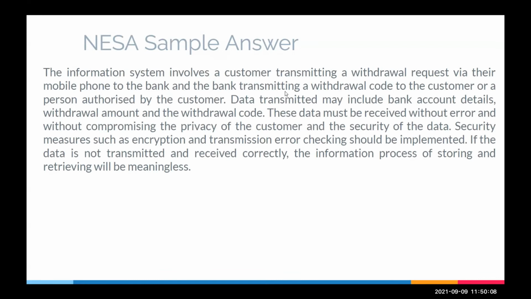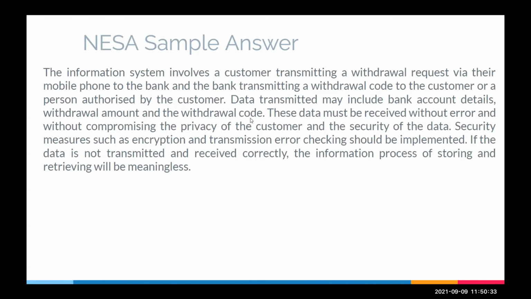So remember, you always use the correct terminology. The bank transmits a withdrawal code to the customer or a person authorized by the customer. So basically, you're rewriting the scenario using the correct terminology. Data transmitted may include bank account details, withdrawal amount, and withdrawal code.